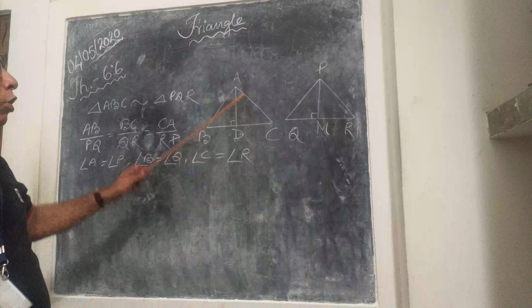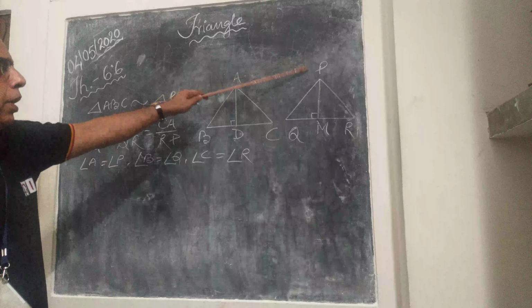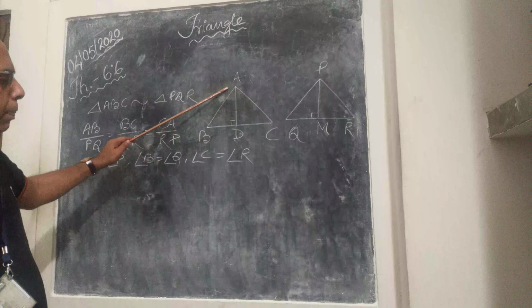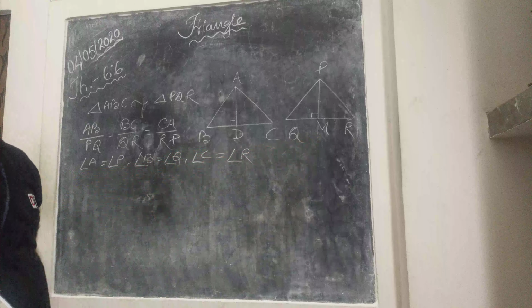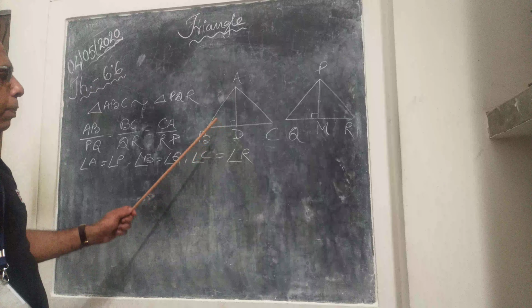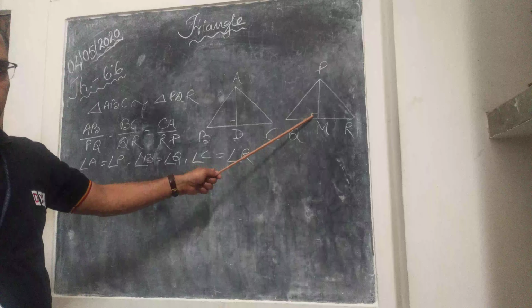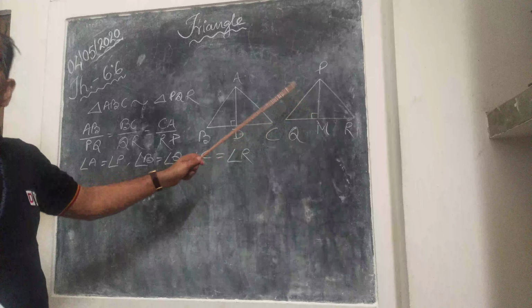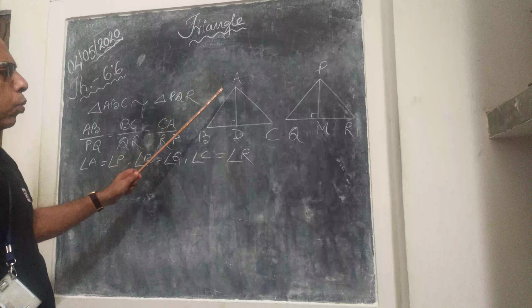Once again, from A and P, AD and PM are drawn perpendicular on BC and QR respectively. You can give the perpendicular symbol, because this symbol stands for 90 degrees. Clear?